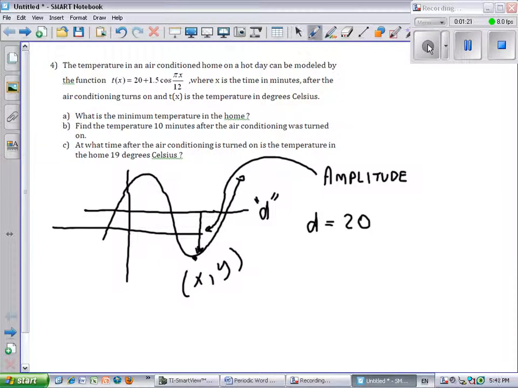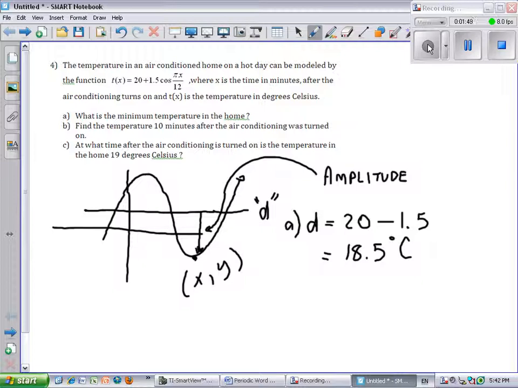So therefore, to get the minimum, we know that this min value for y is 1.5 units smaller than 20. So it's 20 minus 1.5. So that would be 18.5, and we're talking about degrees Celsius. That's the lowest temperature in this house. Okay, so that's part A.